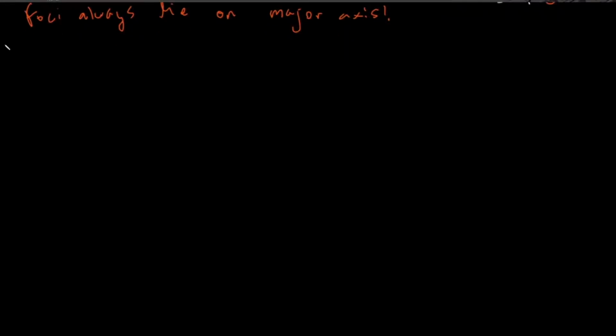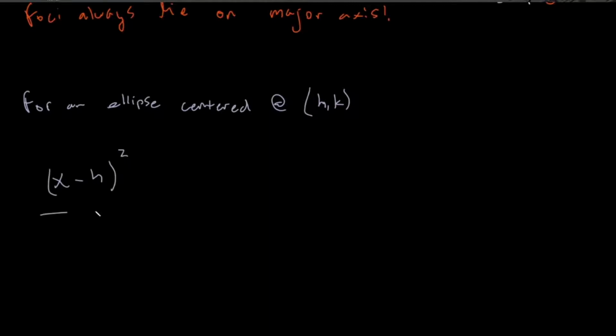So, for an ellipse centered at h comma k, just like circles, we have x minus h quantity squared divided by a squared plus, remember that's to do with the major axis, plus y minus k squared divided by b squared.